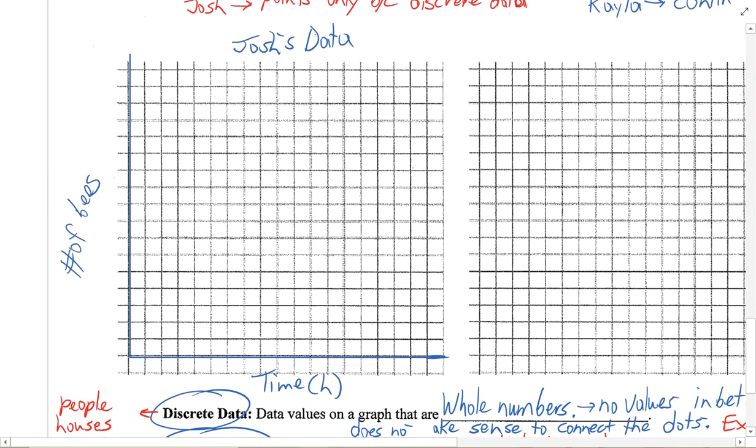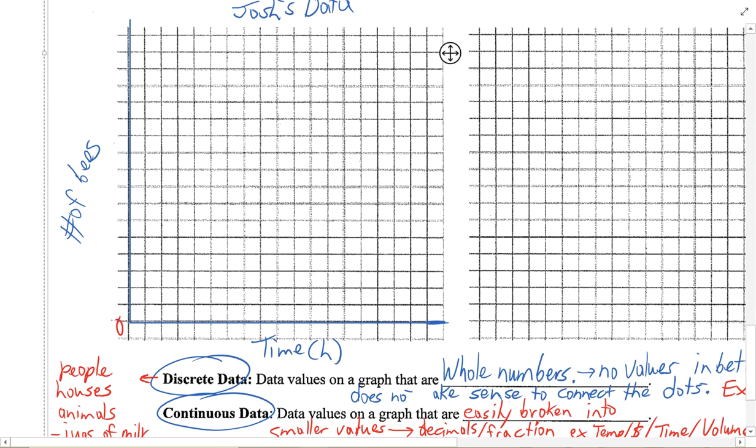So we can then start here at 0, and we can go 2, 4, 6, 8. This will be 10. Notice I don't have to write a number on each line. 12, 14, 16, 18. This will be 20, 22, 24, 26, 28, 30. Okay, and then we can do the same thing for time. So count the squares.